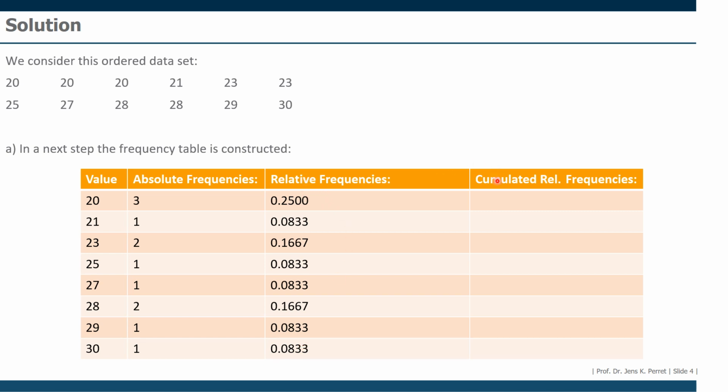The final column here, the cumulated relative frequencies, I get by simply adding up step by step all the relative frequencies.